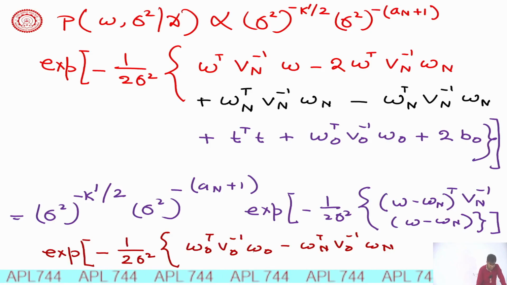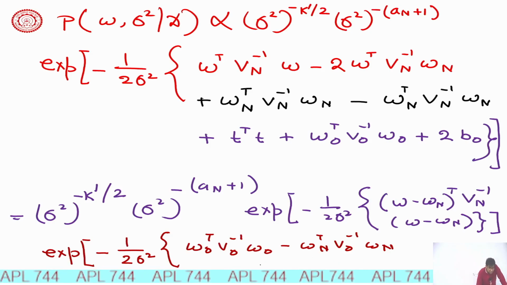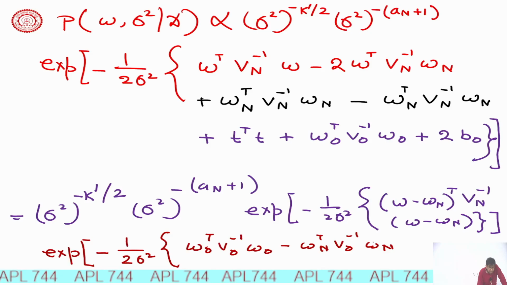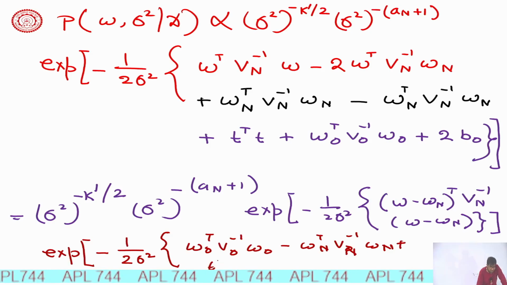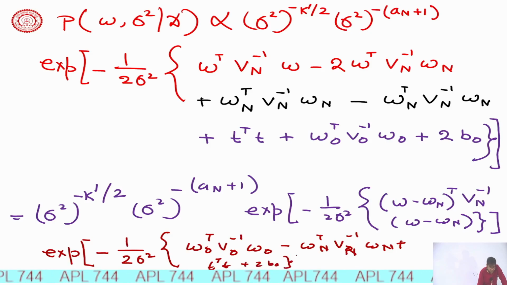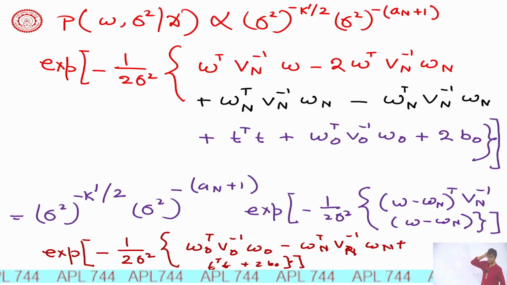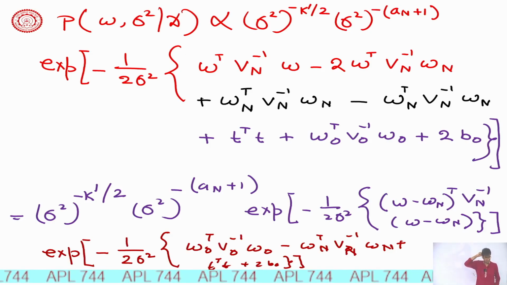This is V_n, right? Plus T transpose T plus 2 V naught. Okay. Clear? Whatever was remaining, I have just written it down, nothing difficult.